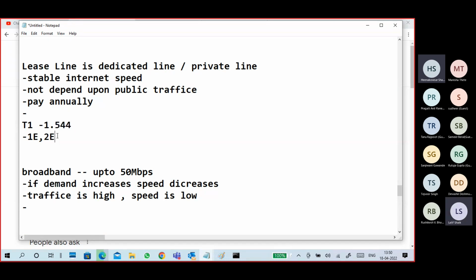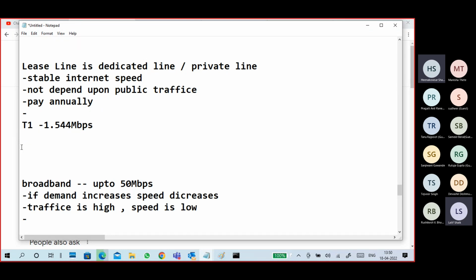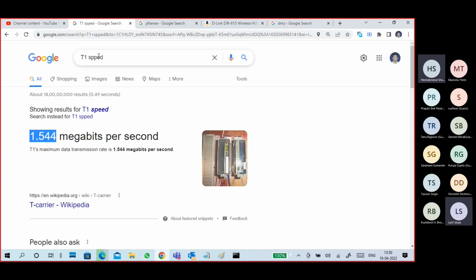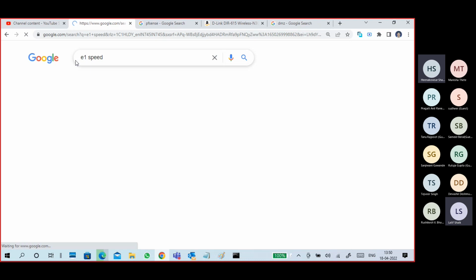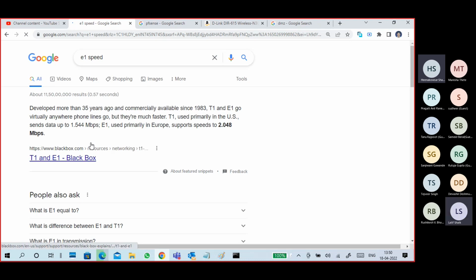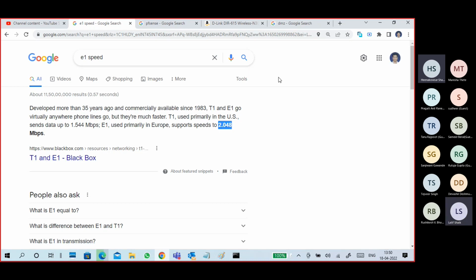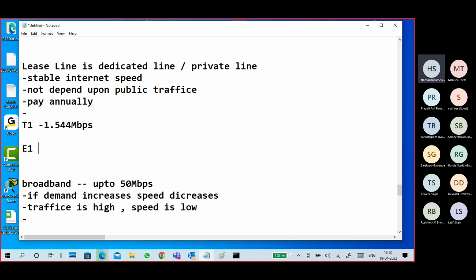It means it is E1, in Mbps. T2 means it is higher than that one. Sometimes they always confuse 1T or T1. Primarily, the European speed is 2.048 Mbps. Dedicated connection speeds are like this.